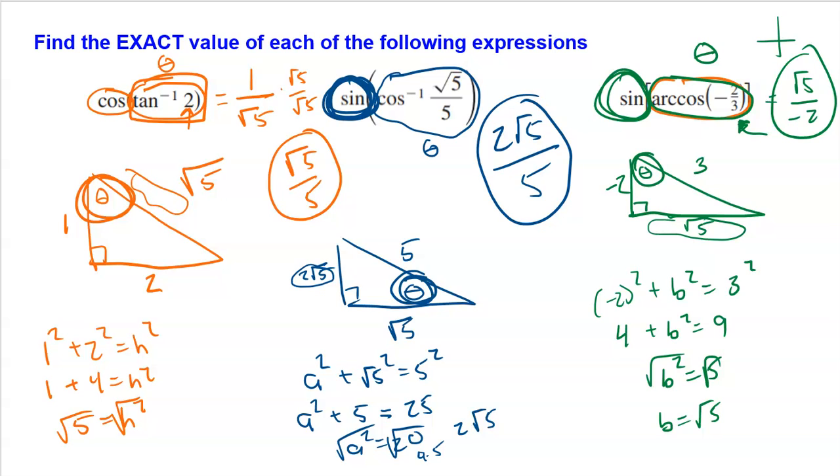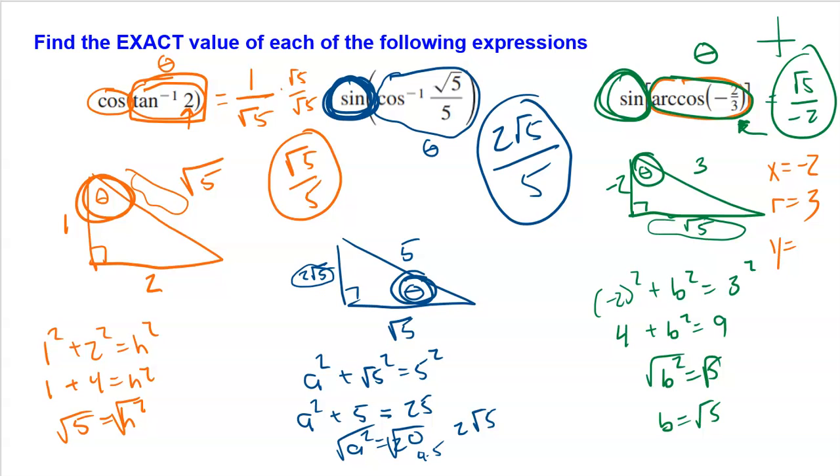Boom, done, easy. Now, you might say, how do I know that the hypotenuse wasn't the negative? Well, because again, I've been solving all these problems by thinking about triangles, but you could also solve them by thinking about x, y, and r. So for example, on this problem, I could think, well, x is negative 2, r is 3, and I need to find y. So again, it's just a different strategy. Instead of using a triangle, we're using the x, y, r method.